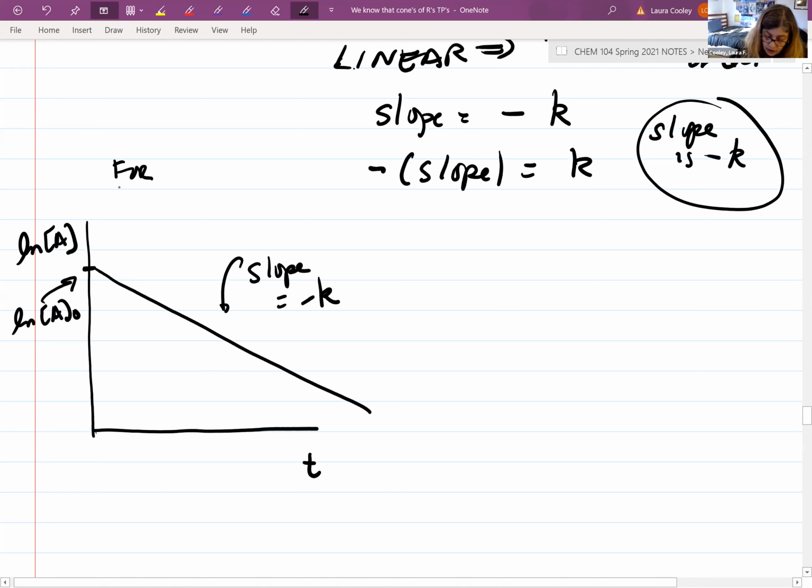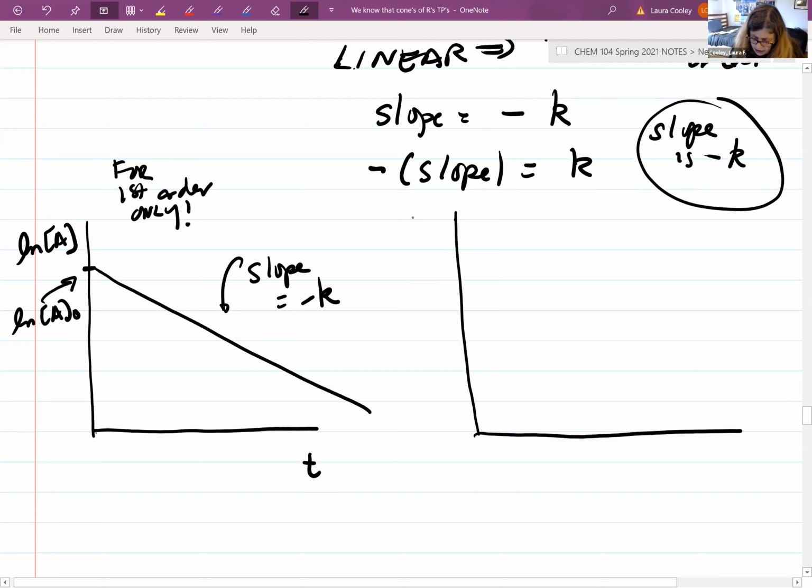This is for first order only. Okay. Now, if you didn't plot the log, what if you just simply plotted the concentration of reactant over time? It would not be a line. Okay. It would be a curve. It looks something like that.